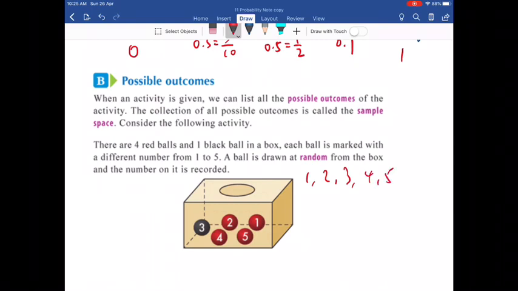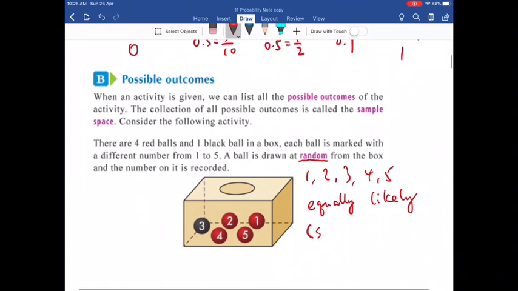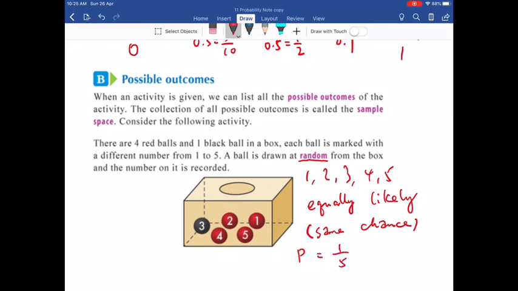And if you draw it randomly, then the chance of picking 1 or 2 is equally likely, or you may say the same chance. So what is the probability, or the chance? We call it 1 over 5. Each of 1, 2, 3, 4, 5 is a possible outcome.